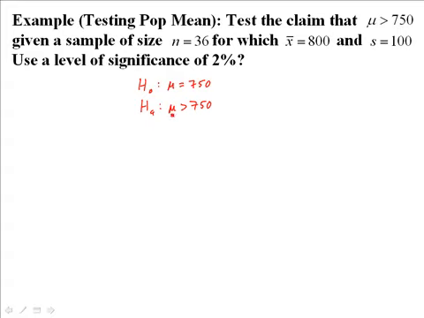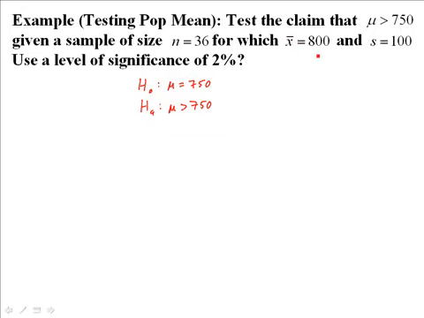Okay, so the way a hypothesis test works is we take a test statistic and then based on that test statistic we try to decide whether or not we reject the null hypothesis. And in this case the null hypothesis is that mu is 750. So we'll take our test statistic and see if that winds up being too big to make us believe that claim.